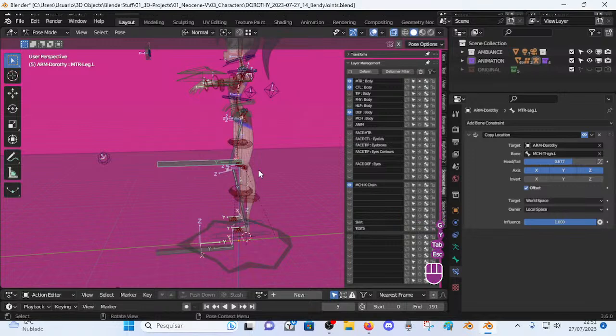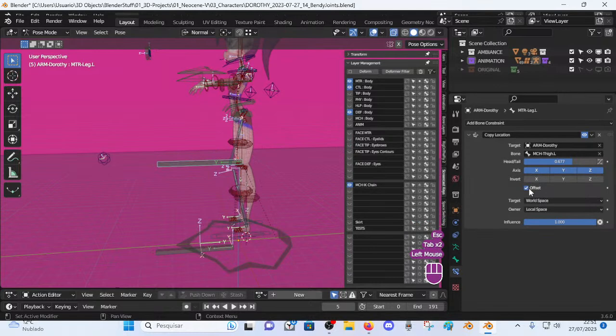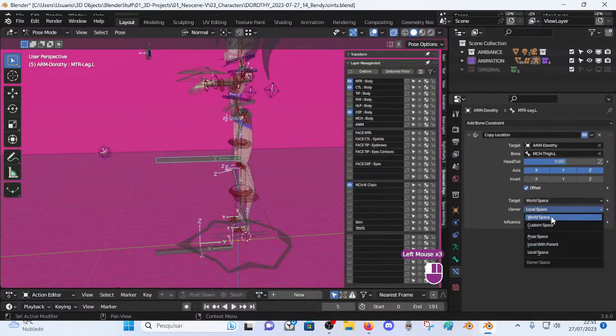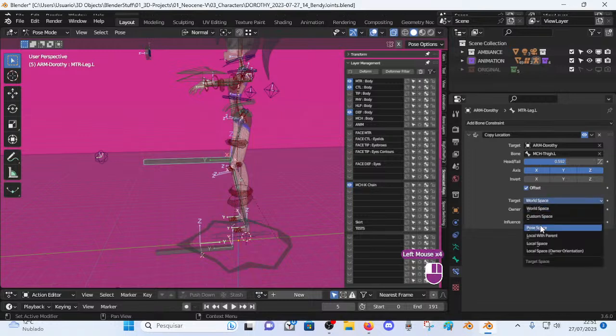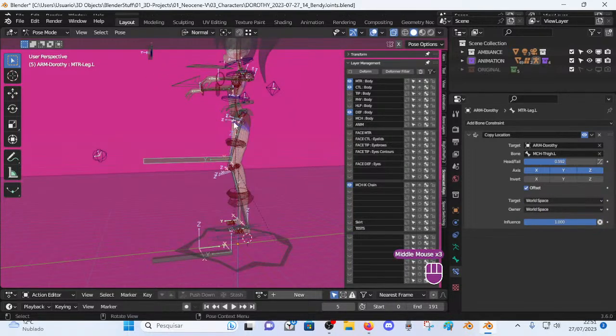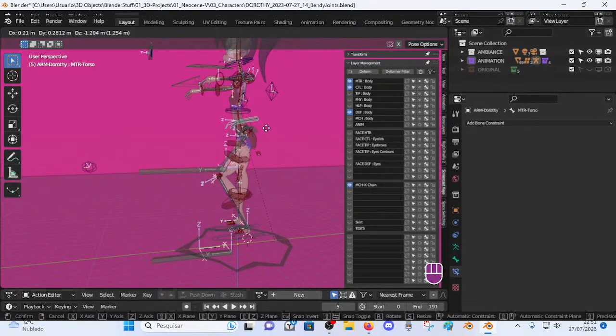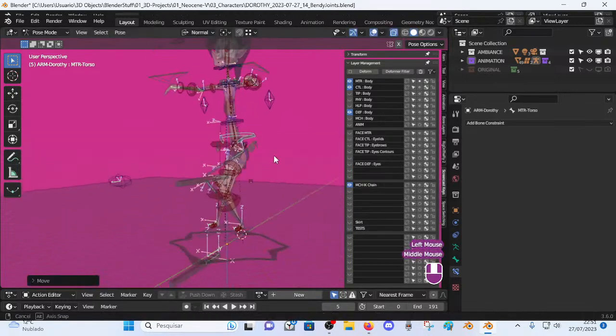Not good, not good. Yeah, better here, and maybe here local with parent. No, never mind. Local space, never mind. So world space, whatever. Let's try again. Yes.